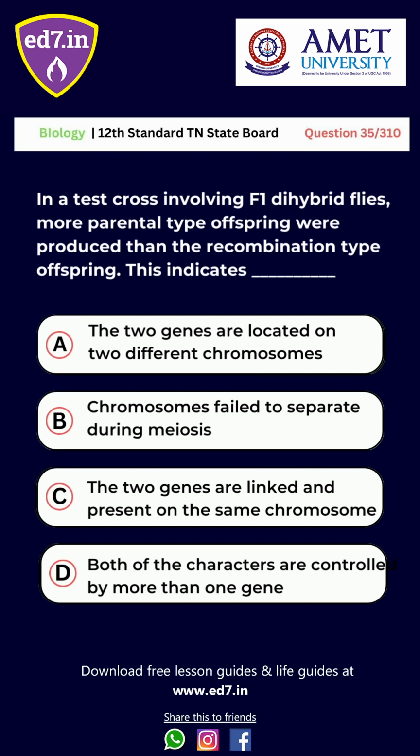This indicates option A. The two genes are located on two different chromosomes, B. Chromosomes failed to separate during meiosis, C. The two genes are linked and present on the same chromosome, D. Both of the characters are controlled by more than one gene. And the right answer for this question is option C. The two genes are linked and present on the same chromosome.